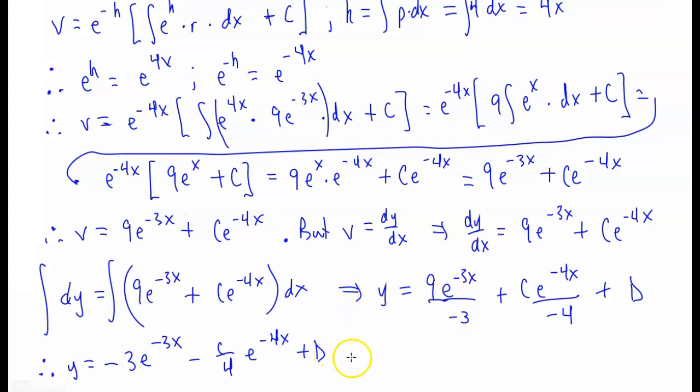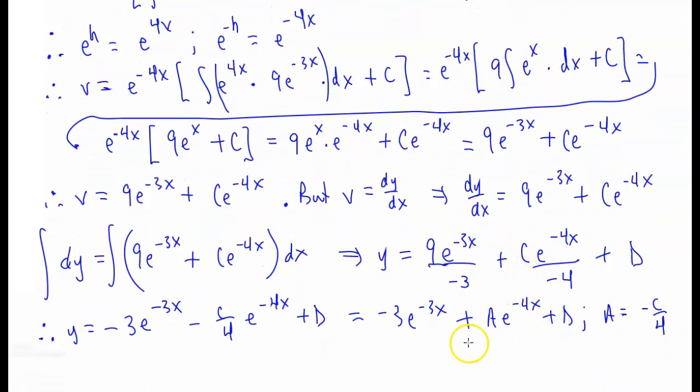And so what I'm going to do here is I'm going to try to simplify what this looks like, and I'm just going to call this negative 3 e raised to the minus 3x plus a e raised to the minus 4x plus d, where my a here is going to be minus c over 4. And we know that c and d are constants of integration, or just any real number.